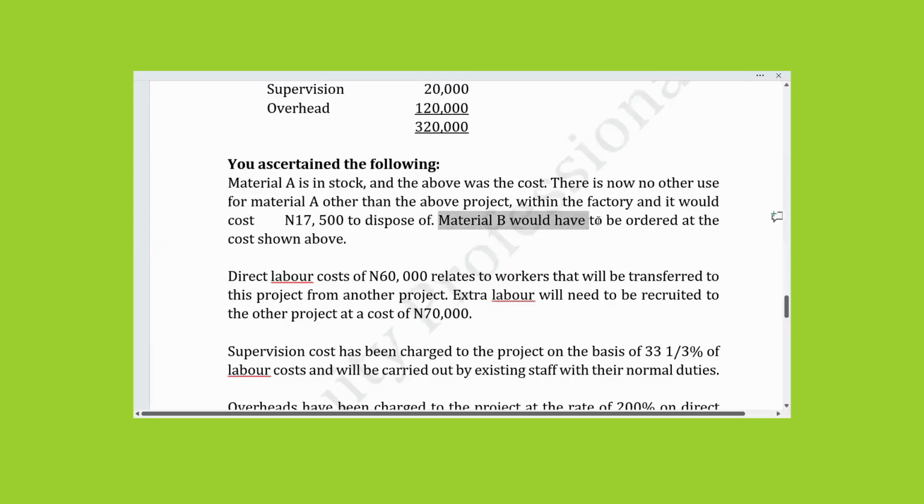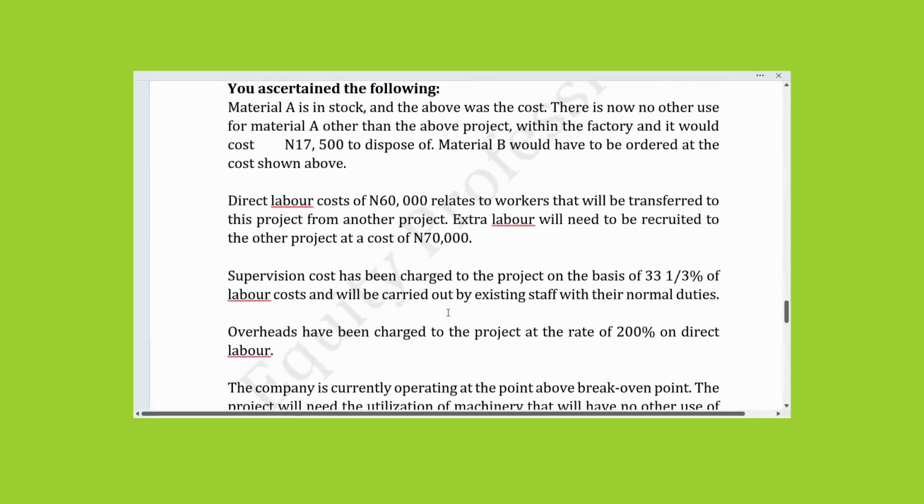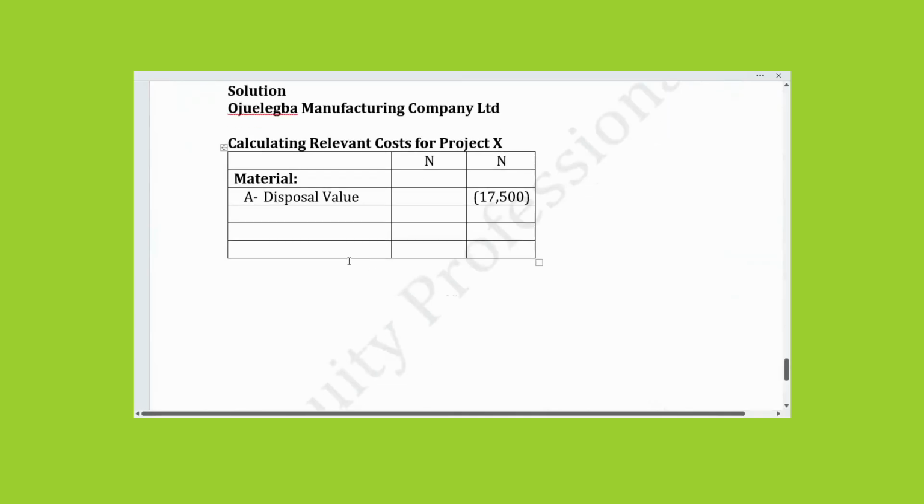Material B would have to be ordered at the cost shown above. It means that material B is not available, so they need to go and purchase it. The examiner has told you that material B will cost 80,000 naira, so that is relevant. Let's put it down: material B, 80,000.